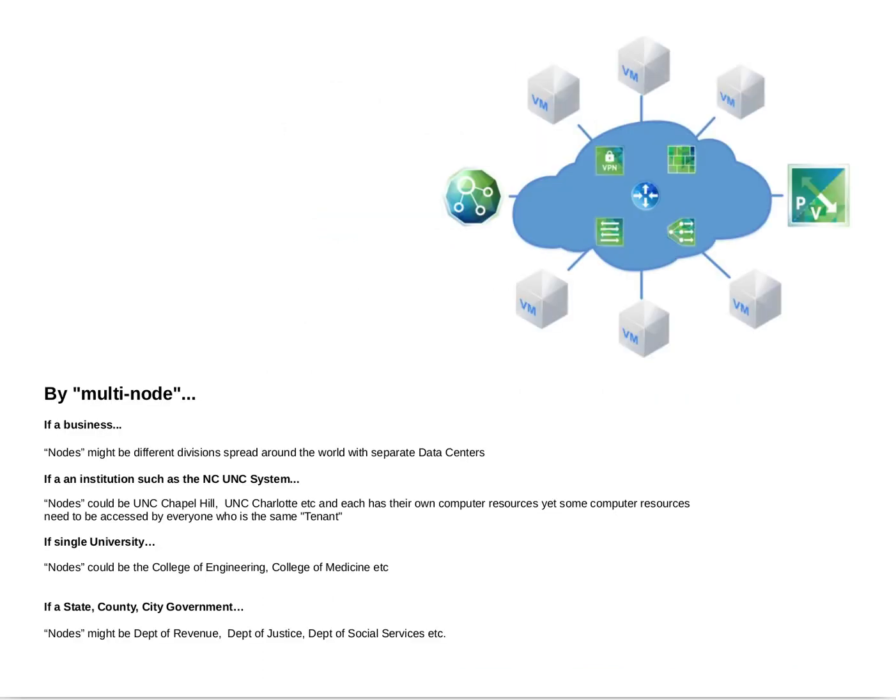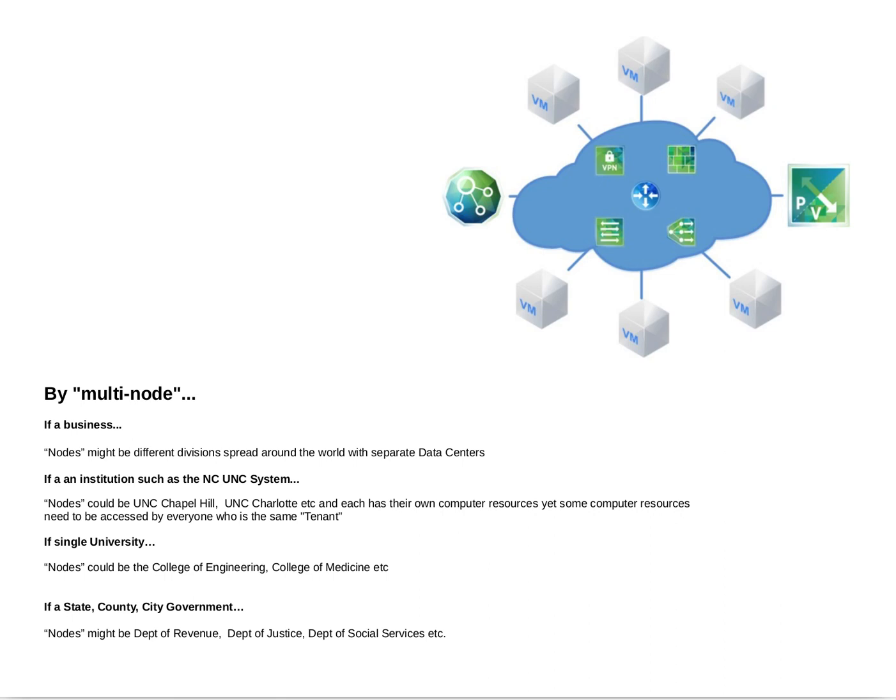By multi-node, if you're a business, the different divisions could be spread around the world with separate data centers that need to be interconnected. They could be on different clouds, where you have servers on Amazon and servers on DigitalOcean, etc. If you're an institution like the University of North Carolina system, you've got different campuses.